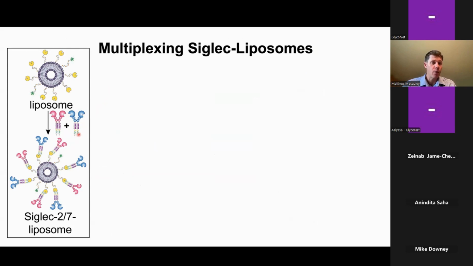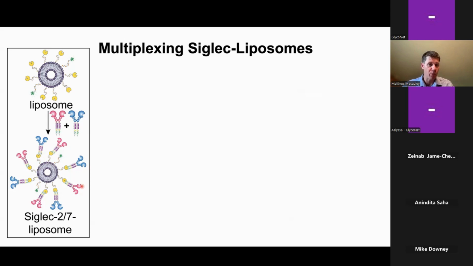So one of the things that we can do is put different Siglecs on the same liposome. And so you might say, Matt, why on earth would you want to do that? Well, the motivation is quite biologically relevant because a single immune cell can express multiple Siglecs. So putting the Siglecs together on the same platform mimics how they're presented in nature.